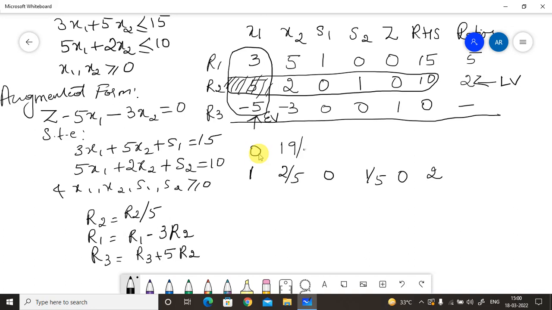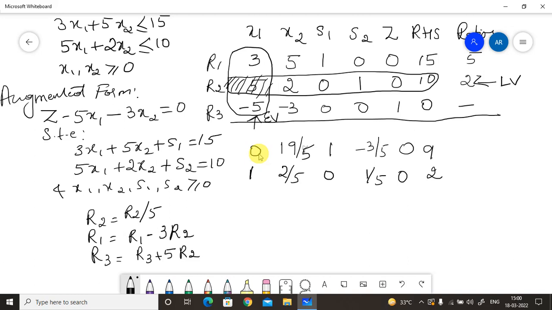Okay, and then the third column value will be 1. Similarly, the fourth will be minus 3 by 5. After that you'll get 0. Okay, and 15 minus 3 into 2. So that will give you 15 minus 6, that's 9.